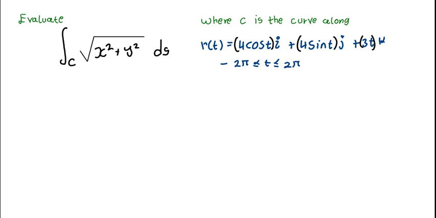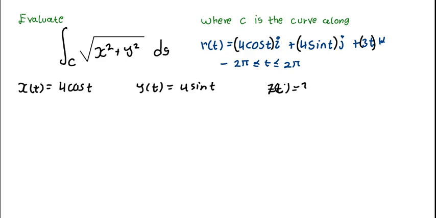Here we are going to have x of t equals 4 cos t. Then y of t is simply equal to 4 sine t. Then z of t is simply equal to 3t.